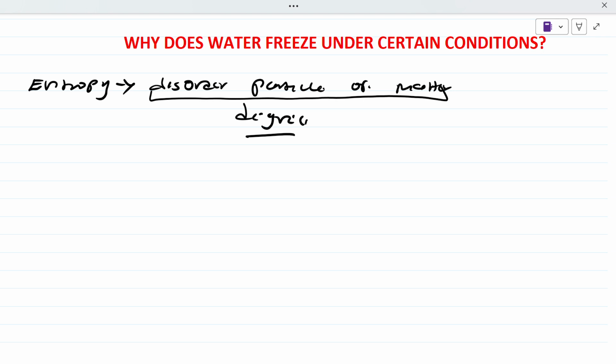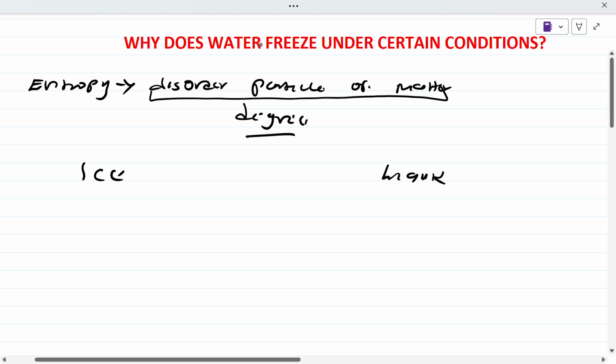Now, on one side, I'm going to have ice. On the other side, I'm going to have liquid water.